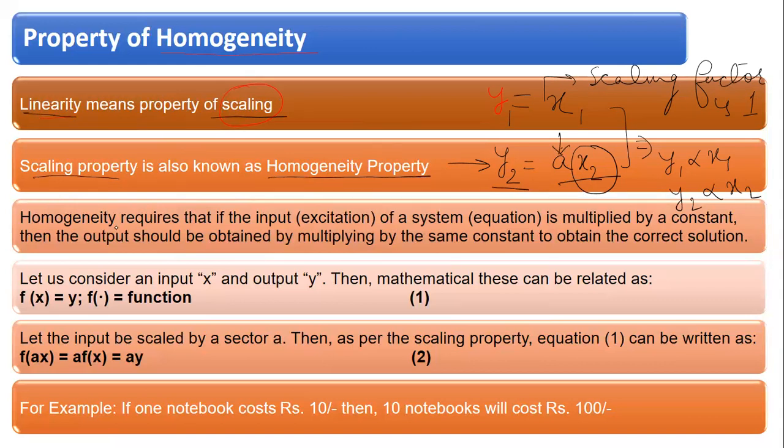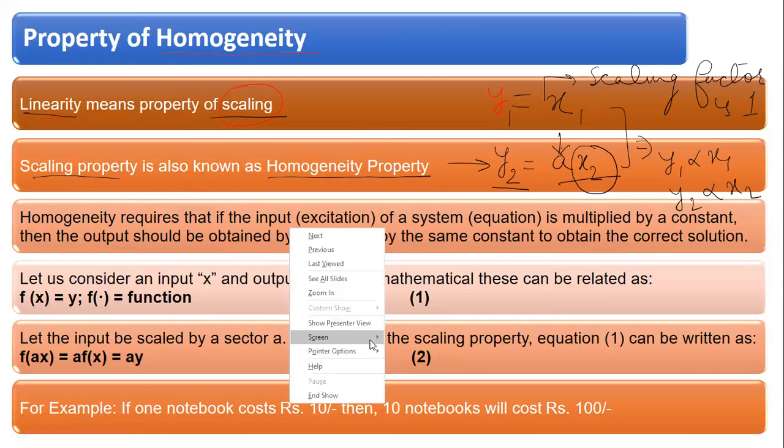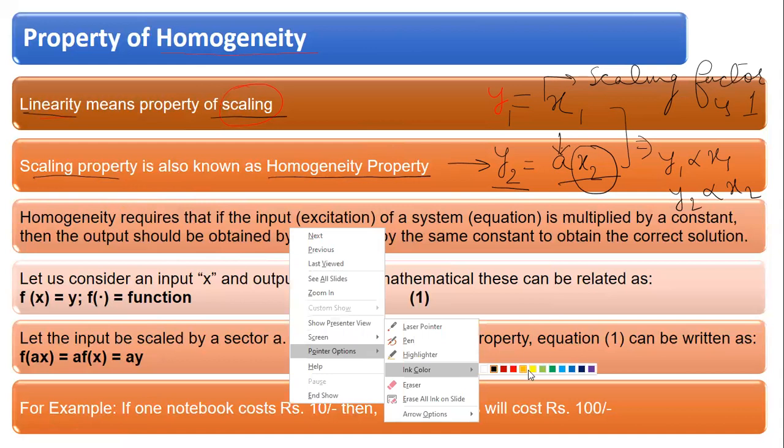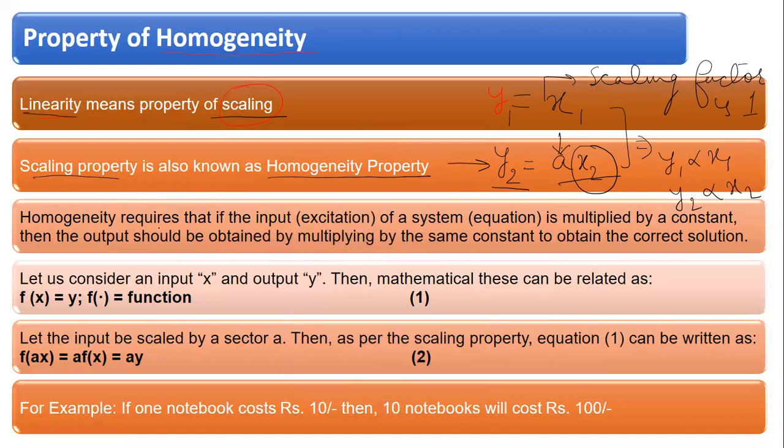Now, what is homogeneity basically? Homogeneity has come from the word homogeneous. So, homogeneity is basically the property by virtue of which your system has some input and it has some output also.